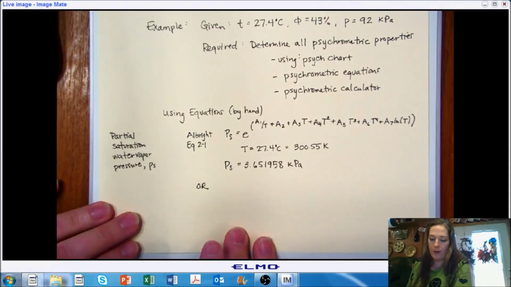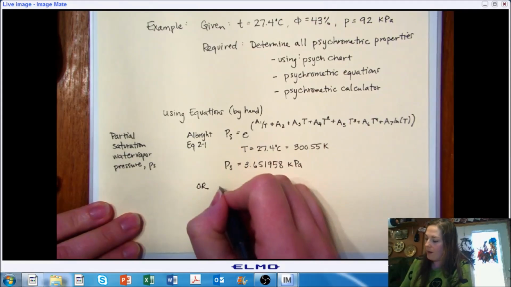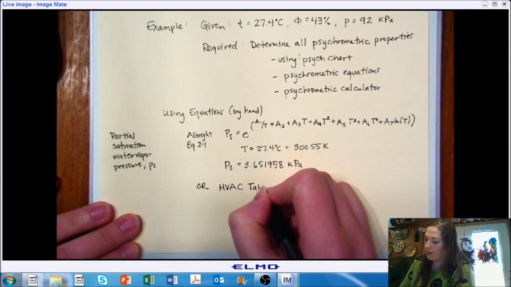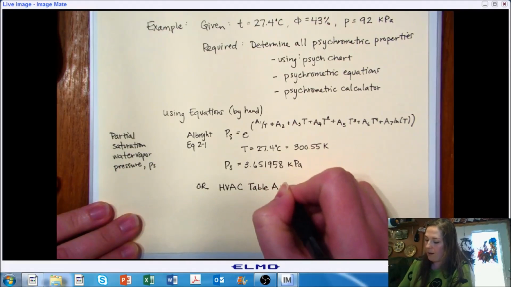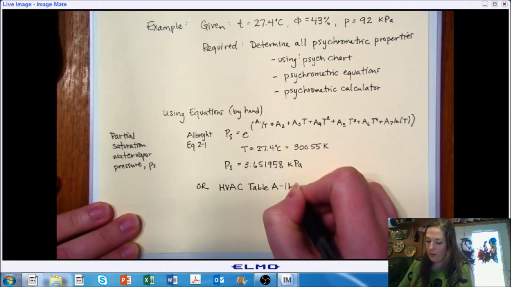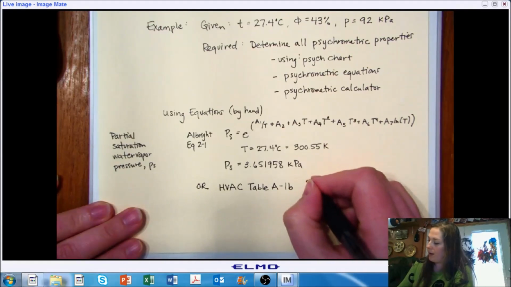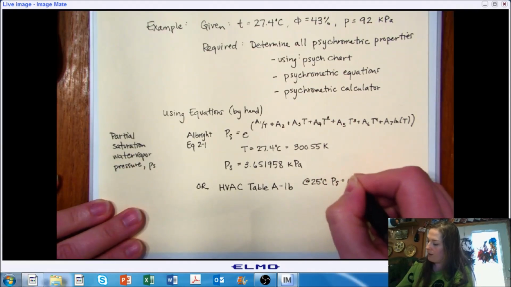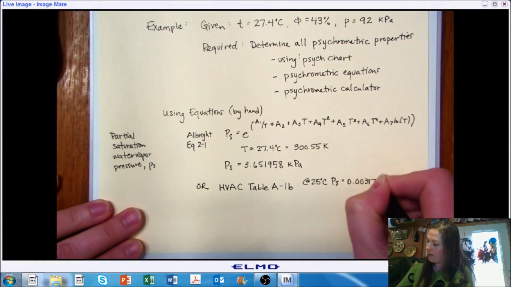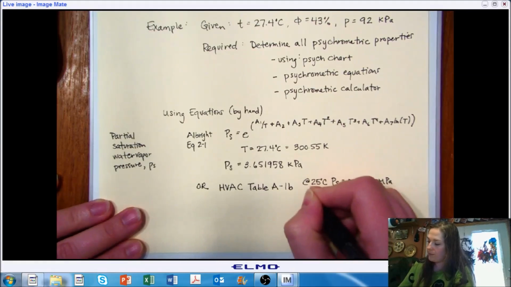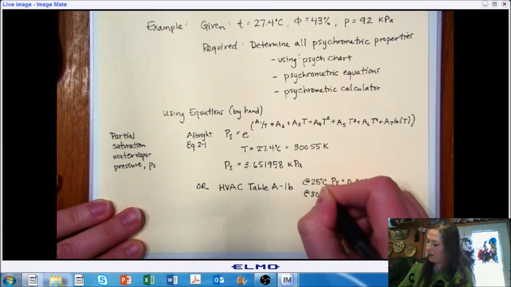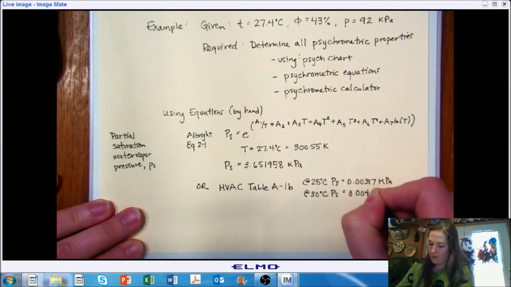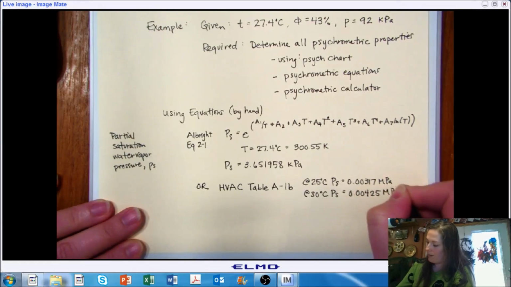There are other ways to get this value, if we don't have this equation available, or we want to find other ways to get it. In our book they don't give us this equation. What they give us instead is a table in the appendix, Appendix A, Table A1B. In Table A1B, at 25 degrees C, this value is 0.00317 megapascals, and at 30 degrees C, it's 0.00425 megapascals.